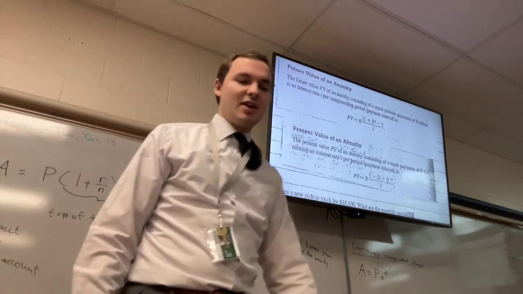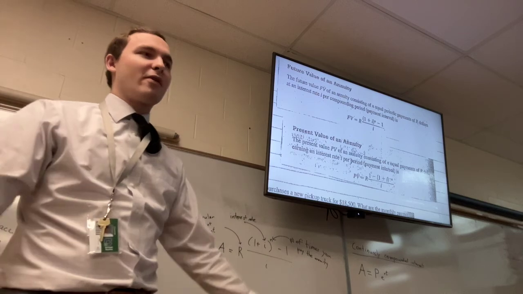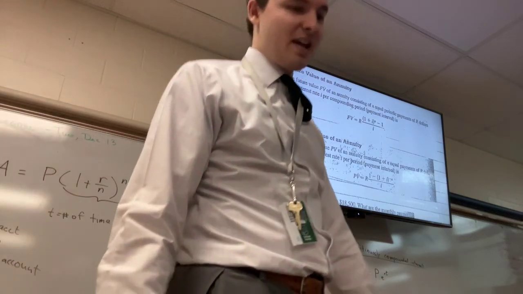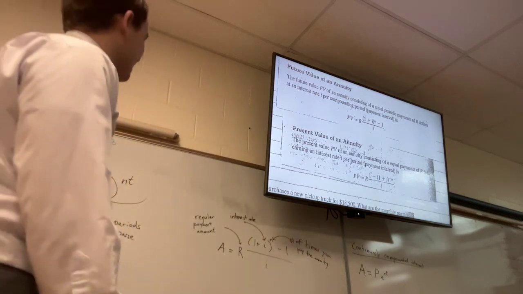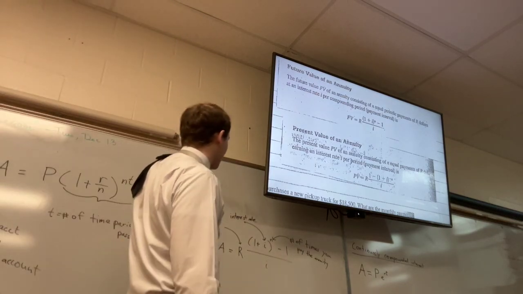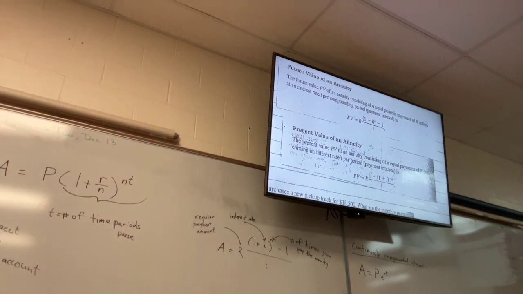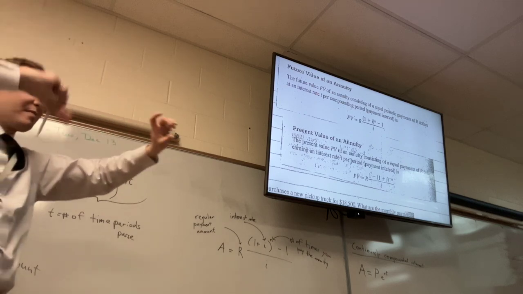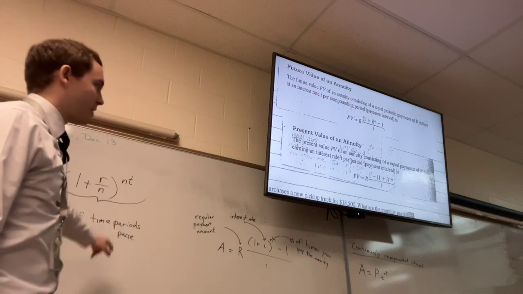You have money taken out of your paycheck and put in your 401k, or your 403b, or your Roth IRA, or your mutual fund. What's different here is the money that we put in at the beginning has more time to grow than the payments we make later. So it's a little more complex, okay?